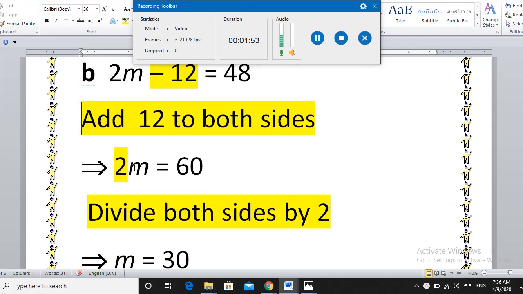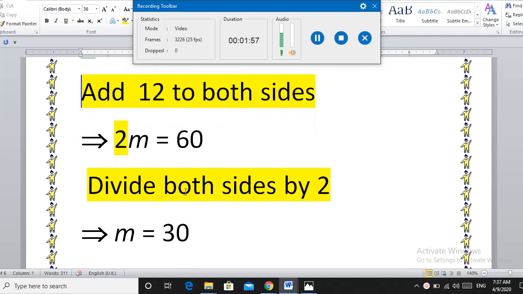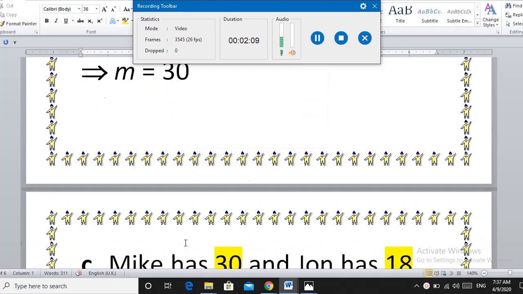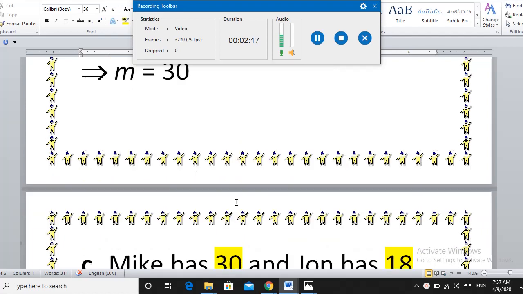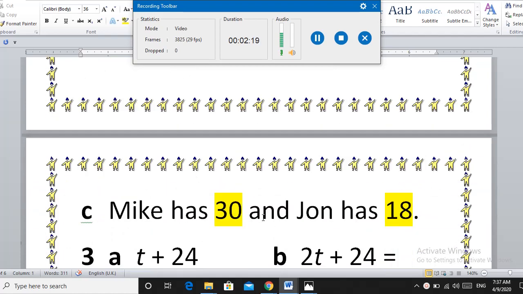We've got a coefficient for the M variable. We need to divide both sides by 2 because this is a multiplication between 2 and M here. So definitely if we divide 60 by 2, we'll get the answer 30. Now heading back to the last part of this question, which is C. Mike has, at the end, 30 pencils.